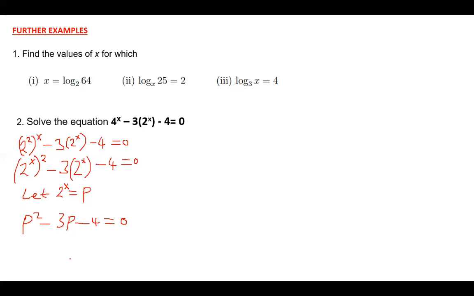What we're remaining with to do here is to solve this quadratic equation that we have found. So you first find the factors and the product. The product is -4, and then the sum there is equal to -3.